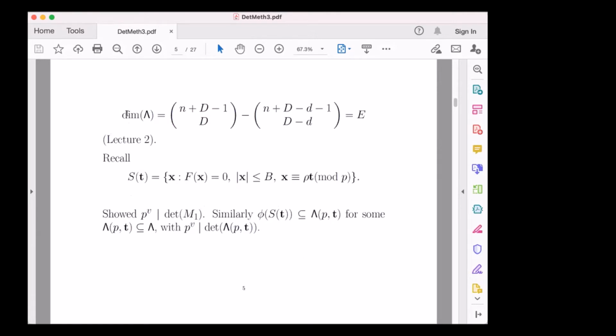And the dimension of this lattice, well, this is the dimension of Z^K. This is the codimension I just mentioned. This difference is exactly the number E that occurred in lecture 2. So previously, capital E was the number of monomials in which x_n occurred with degree less than little d. And now it's the dimension of this lattice that we're producing.